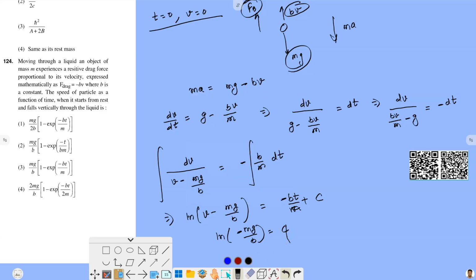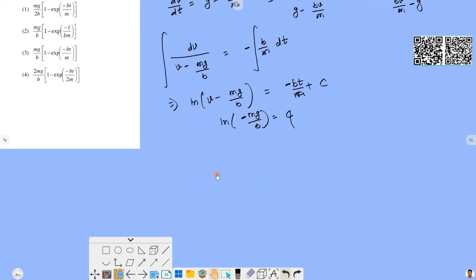So let us move ahead and substitute the value of C, and what we will get, ln of v minus mg by b is equal to minus bt by m plus ln of minus mg by b.